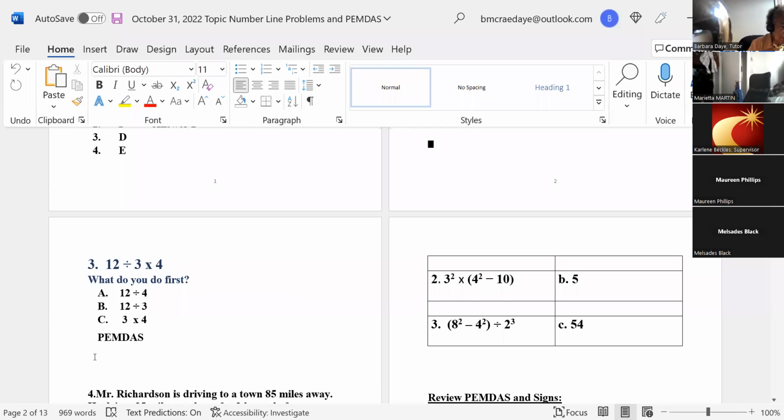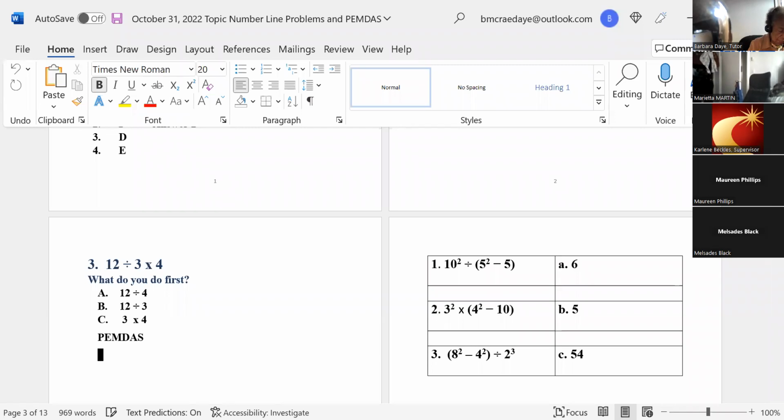That for multiplication and division, the order is left to right.